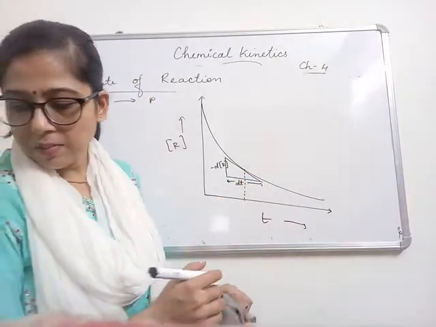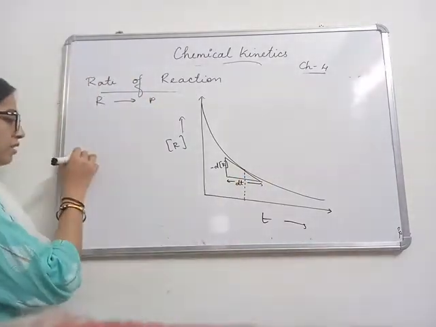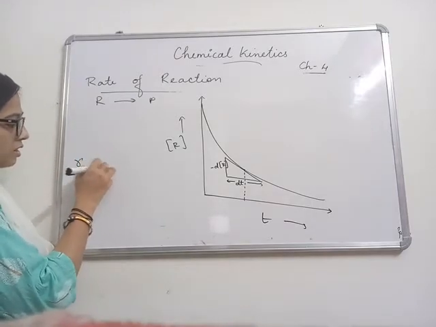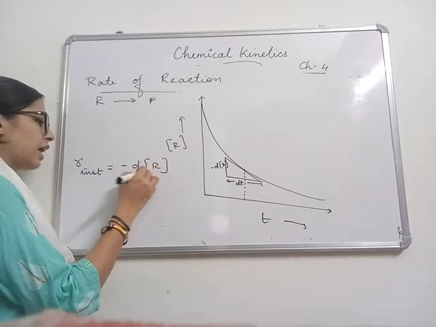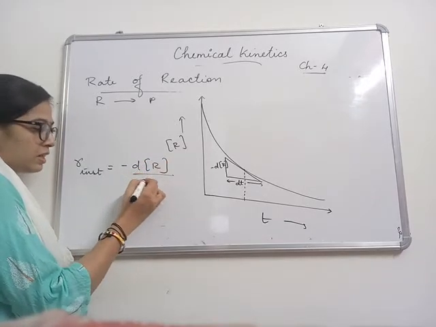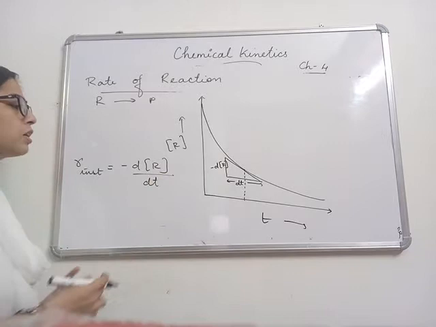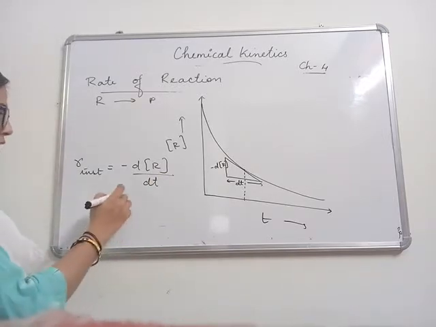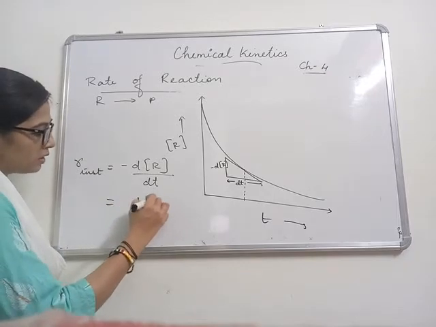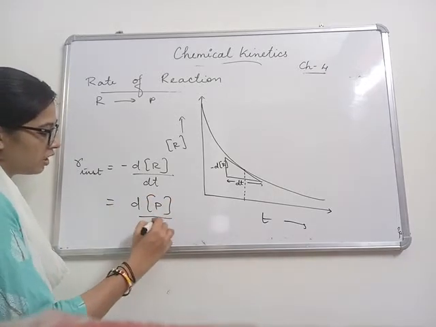So minus dR by dt would give me the instantaneous rate. It's a small change, so delta is changed to a small letter d, because the change is at a particular instant and this change is very small. And with respect to product, it would be dP by dt.